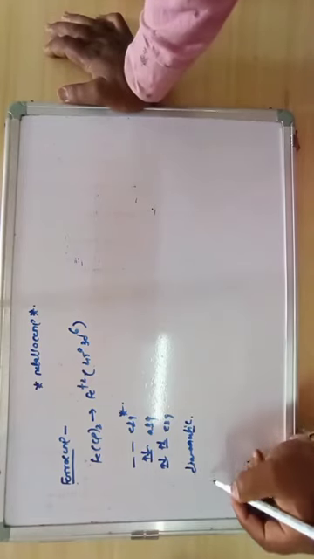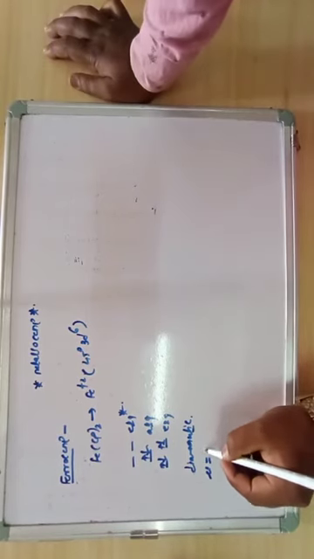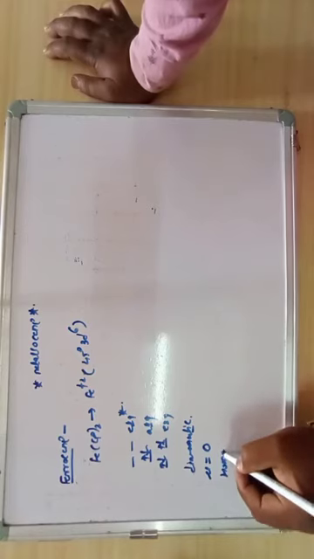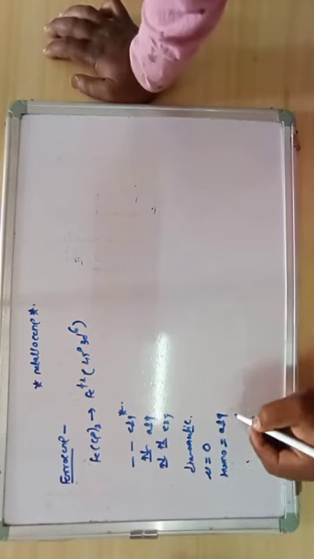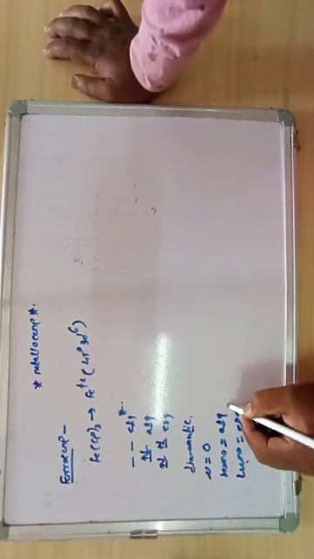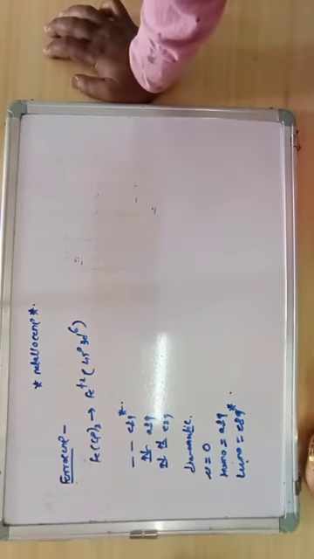Again, if you consider mu, the magnetic moment, there is no unpaired electron, therefore the magnetic moment is 0. In this case the HOMO, highest occupied molecular orbital, is A1G, and the LUMO is E1G antibonding. So you should remember, ferrocene is diamagnetic in nature. All electrons are paired.